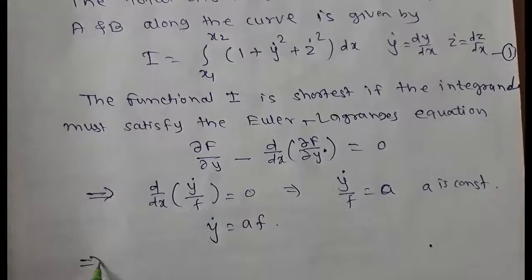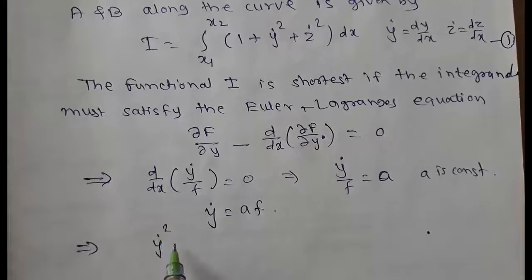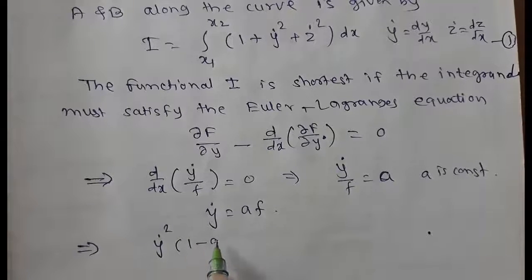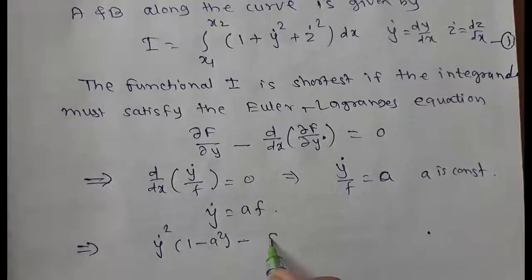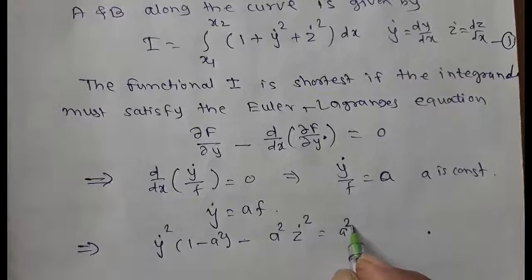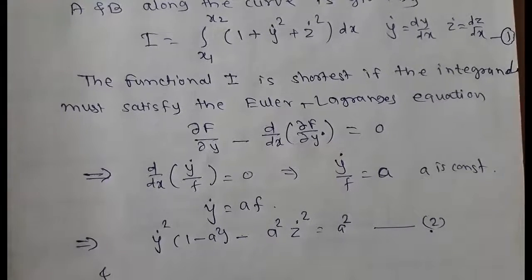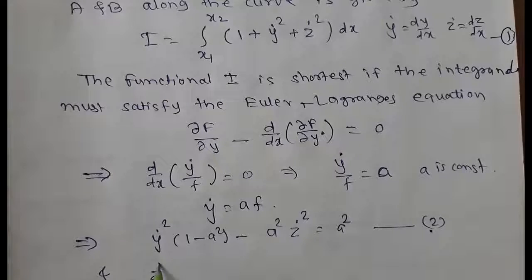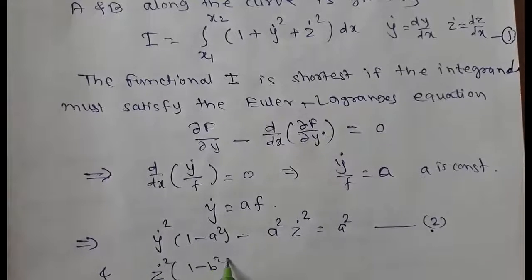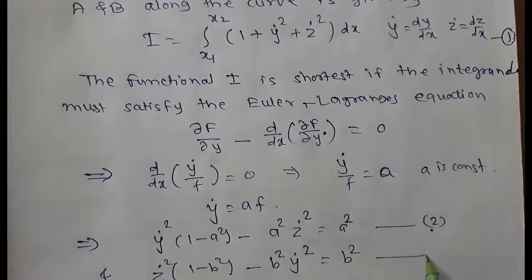This implies y dot square into 1 minus a square, minus a square into z dot square, equal to a square. This is equation 2. And z dot square into 1 minus b square, minus b square y dot square, equal to b square.